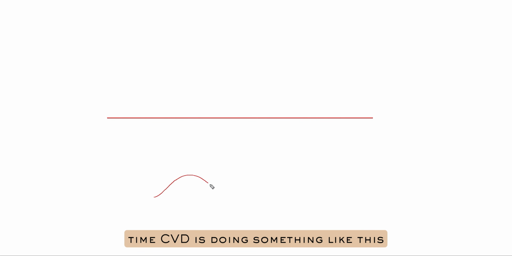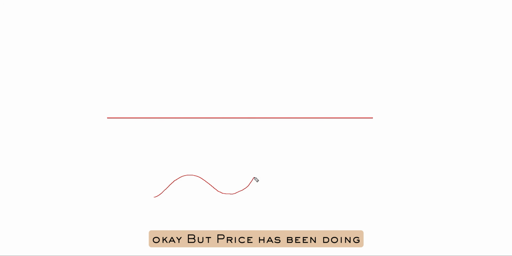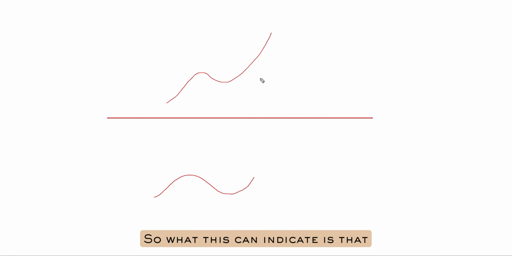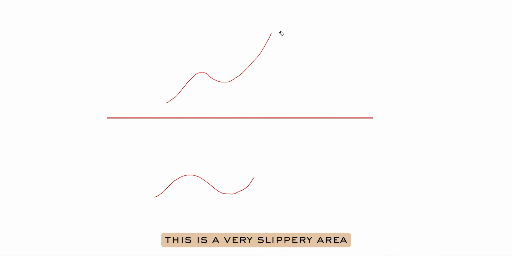So when we see that over time CVD is doing something like this, but price has been doing something like that, what this might indicate is that there's a lack of liquidity, right? That this area is really thin. For the corresponding movement that we have, we don't have a ton of increased buying activity. So what this can indicate is that this is a very slippery area.